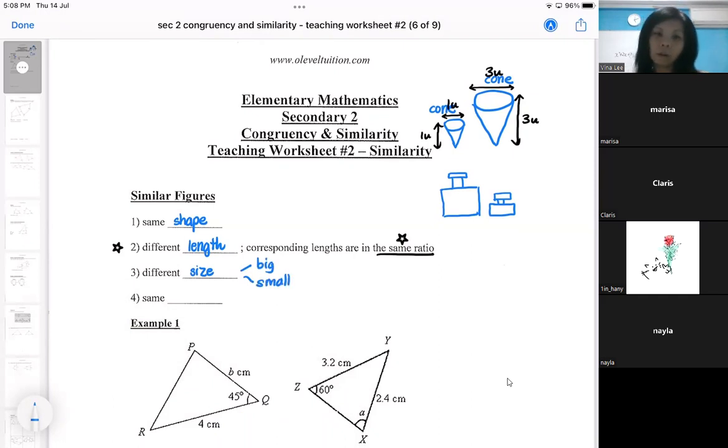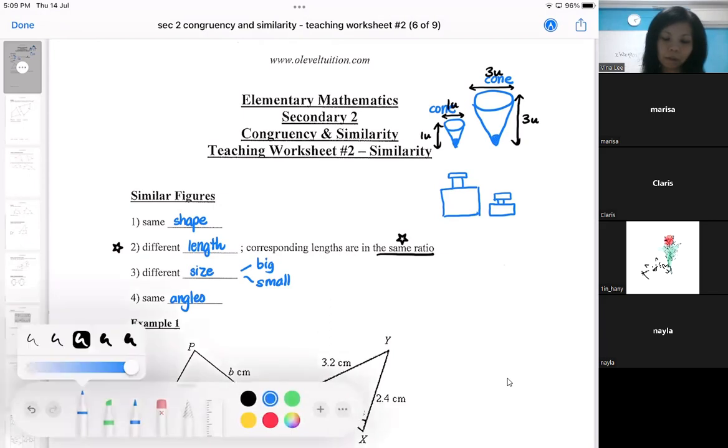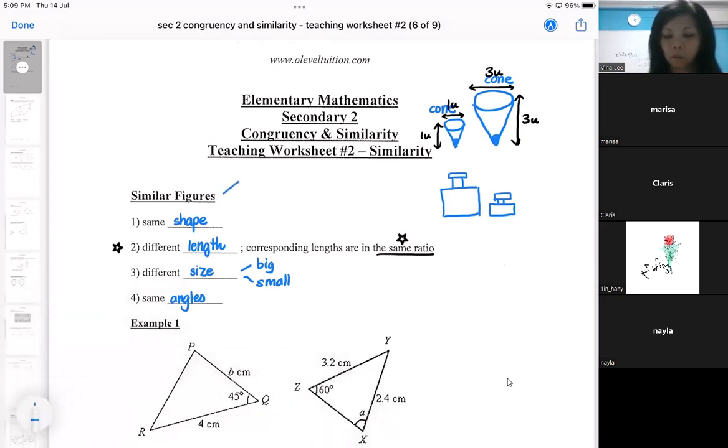And what about the angles? The angles will still be the same. The tiny angle here, for example, will still be the same. So if I want to summarize for all of you, in similar figures we have length ratio, but you can still match the angle.